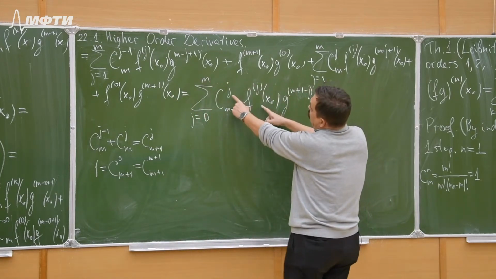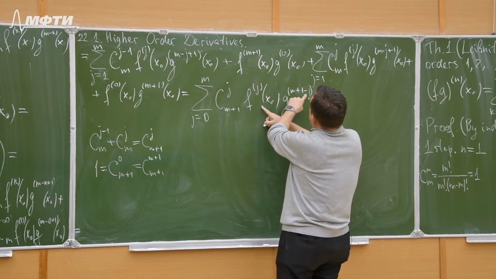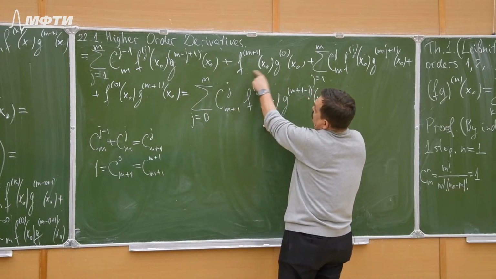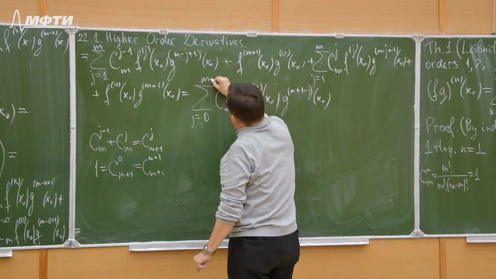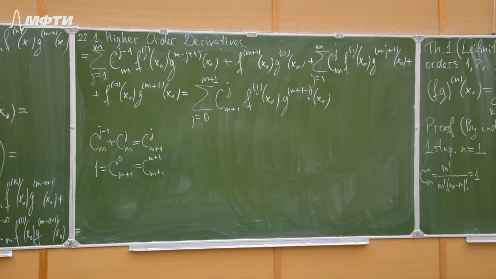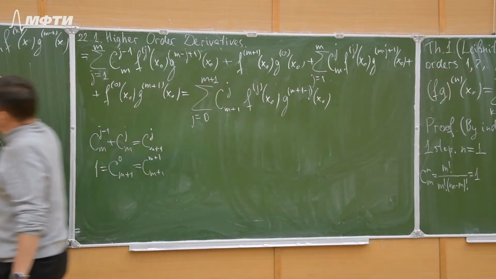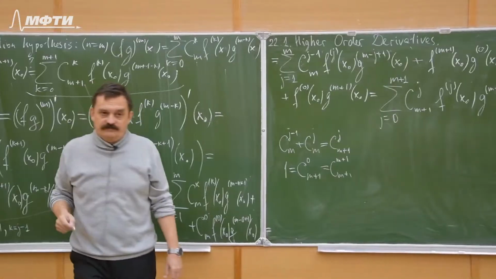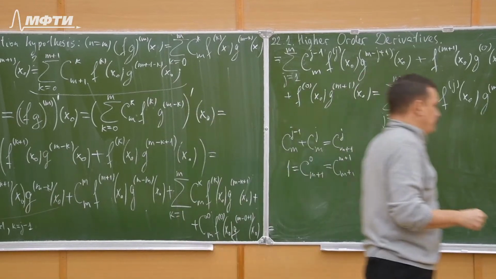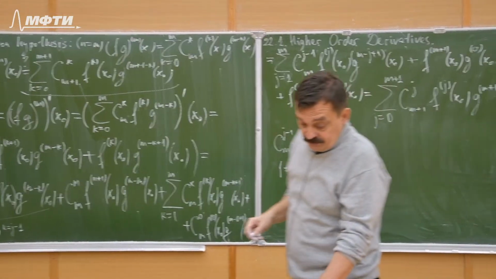And it gives j equals to m plus 1, substitute, and we have precisely the second term, so m plus 1 here. Now we collect all terms, and moreover we observe that this is precisely what we wanted to prove. So the formula is proved. Theorem is proved.